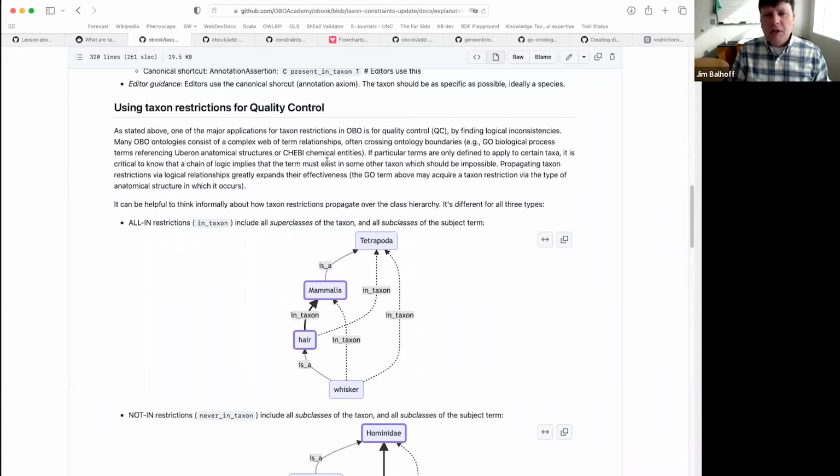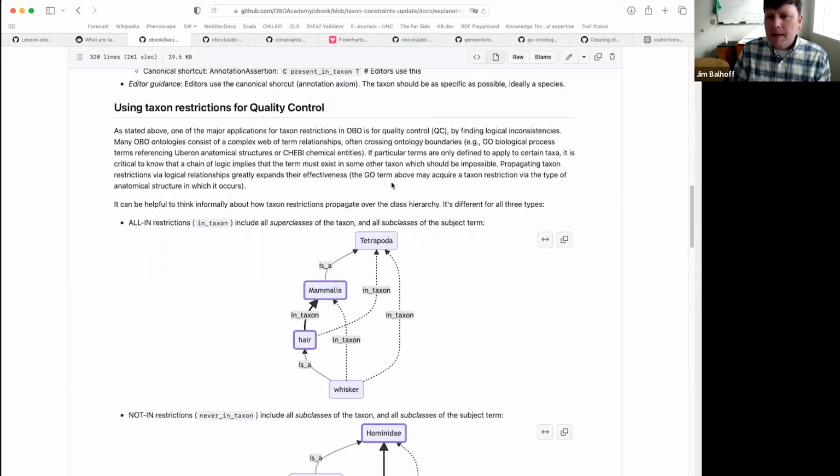When you start connecting OBO ontologies together in a really complicated way, like Uberon and Cell and GO and ChEBI, they all reference each other in different ways, and that gets complicated. Certain cell types are only in certain species, and certain processes are only in certain species. So we want to make sure we don't connect two terms together that really could never be related to each other because they're never in the same taxon.